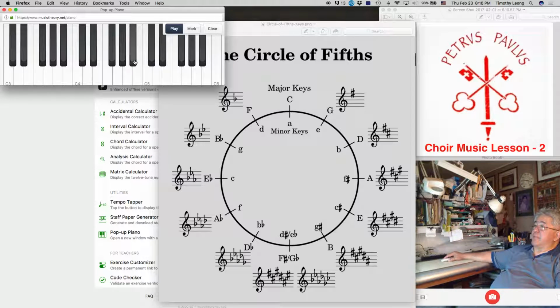This is a B flat. So that's your B flat. That's only one flat, but that's why it's the key of F. There's one flat, B flat.